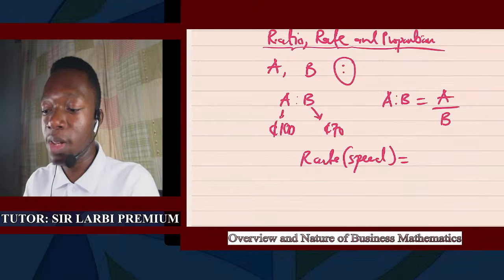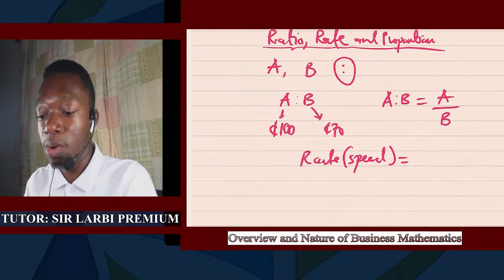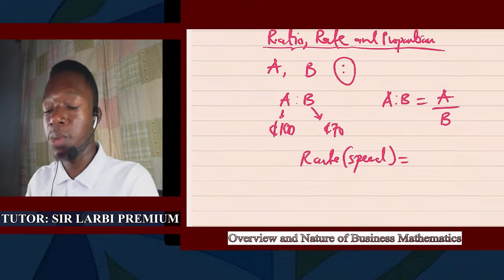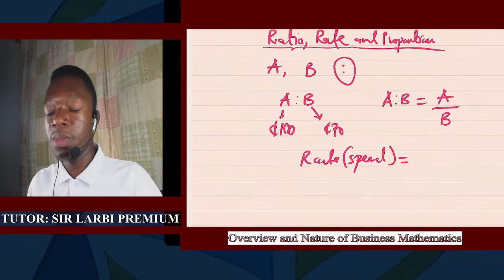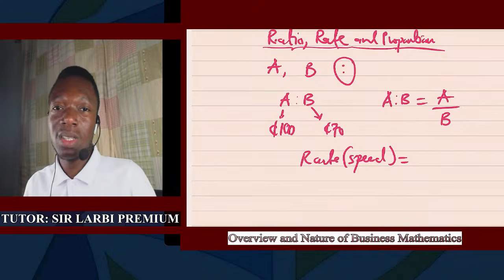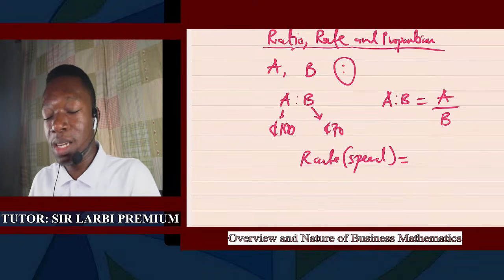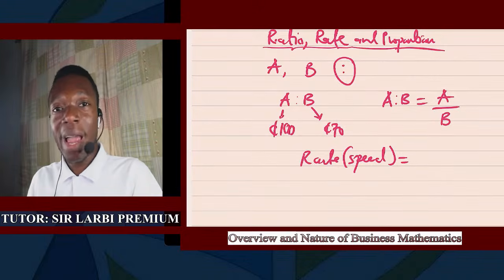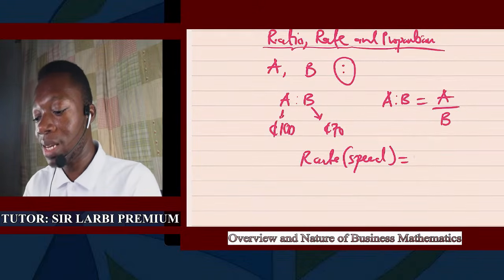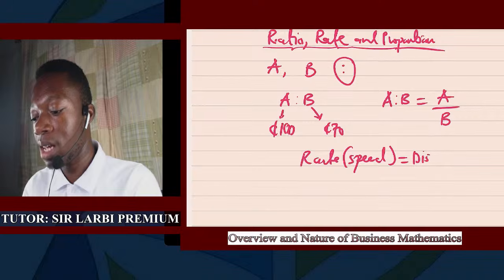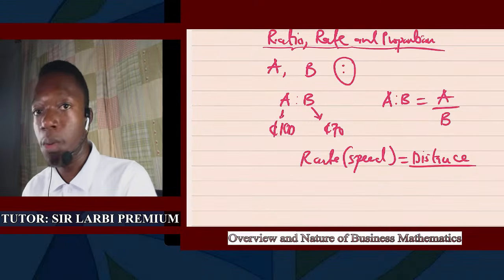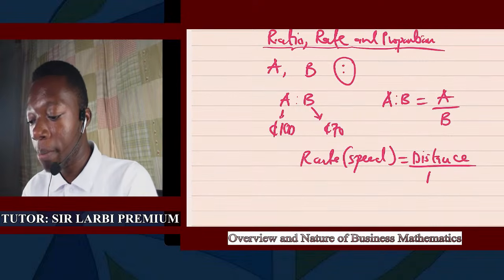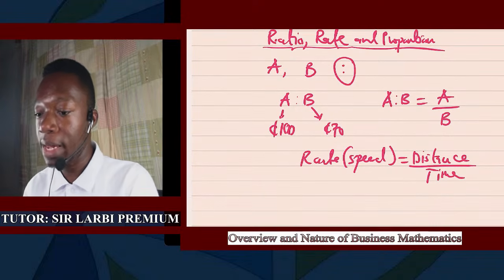And if I have A is to B, it can also be written as A over B. And we talked about rates, and we said that rates are used in business to determine the amount of work that has been done and at what speed such work was done or production was engaged. So to measure the speed of a work, it is going to be the distance, that is the amount of work done, divided by the time engaged.